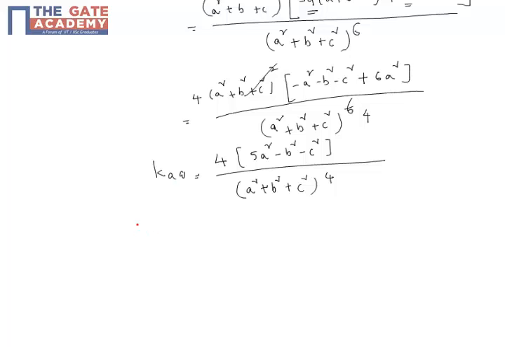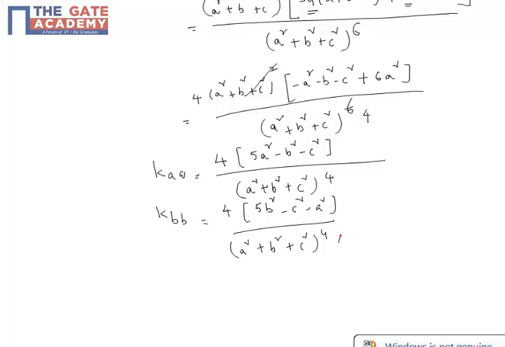Since the expression is symmetric, because 1 by (A square plus B square plus C square) is there, I can predict the value of Kbb. So Kbb will be 4 into (5B square minus C square minus A square) by (A square plus B square plus C square) whole power 4.